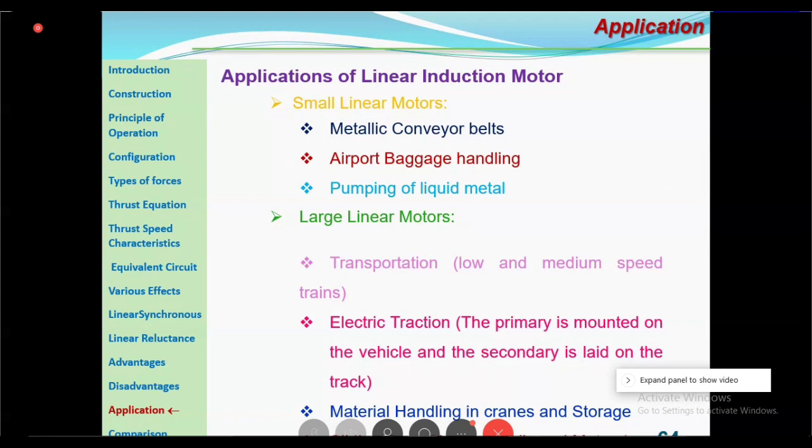In the case of the conventional switched reluctance motor also, the main problem is the torque ripple, which will be more. Here also the ripples produced in the thrust will be more in the switched reluctance motor when compared with the linear synchronous motor. So the linear synchronous motor will be better.